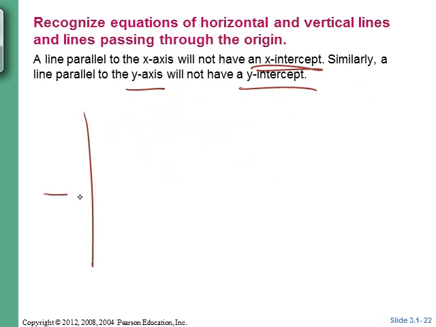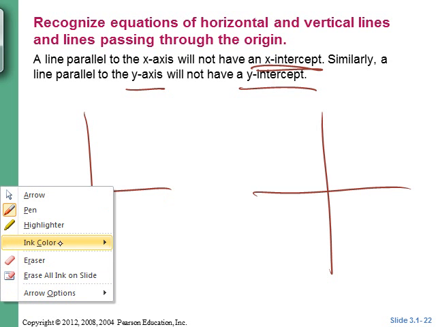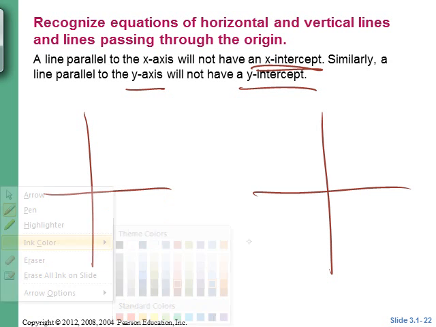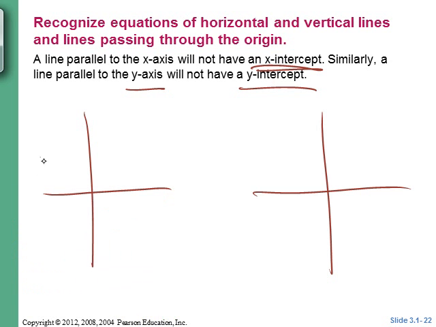So, in other words, if it doesn't go through the x-axis, I'm going to draw two of them here. If it doesn't go through the x-axis, it's going to be parallel to it, and if you notice, it's not crossing the x-axis. There's a line parallel to the y-axis.